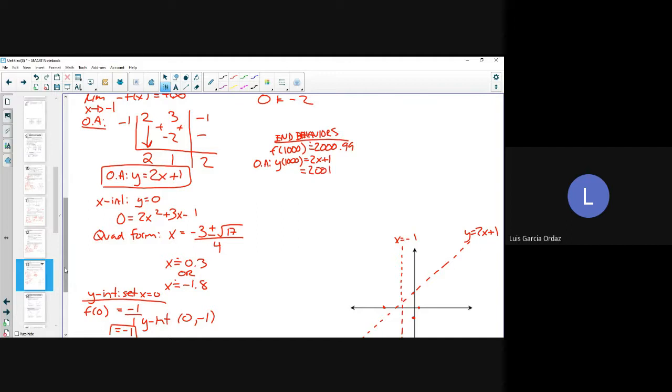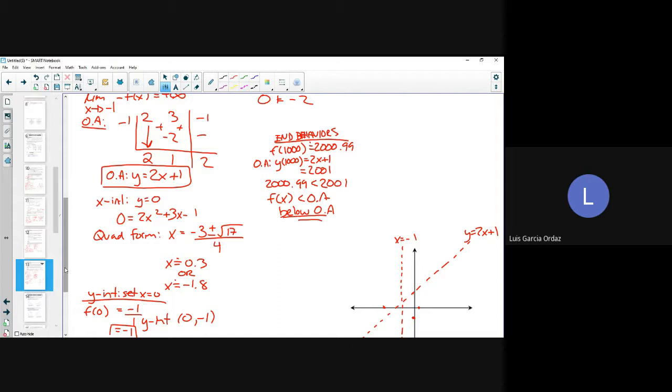So which means that 2,000.999 is less than 2,001. Which means that my f of x is less than my oblique asymptote, which means that it is below my oblique asymptote.